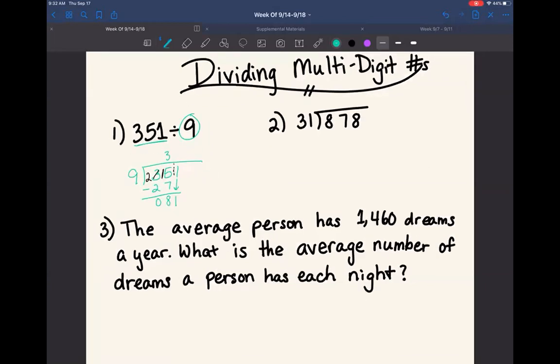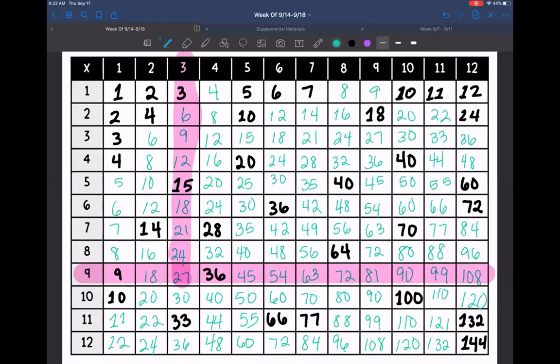So now let me go back to my multiplication table. Conveniently, we did a multiplication table today, right? Now, do I see 81 or close to 81 without going over? Yes, Rachel. 9 times 9. So I'm going to take my highlighter.